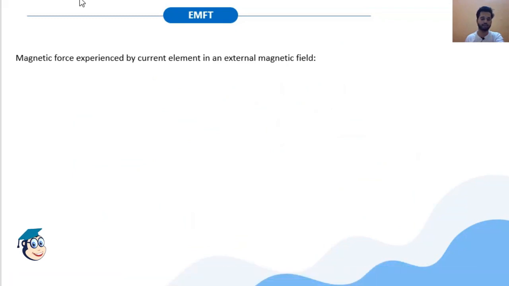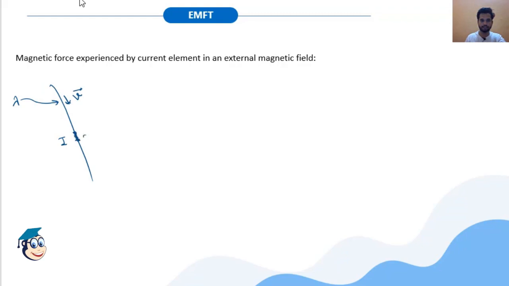Okay, so the next topic is magnetic force experienced by a current element in an external magnetic field. So we have to put a line charge, let's say, which has line charge density lambda, which is moving with velocity v. So overall we can write the current I is flowing inside that wire.